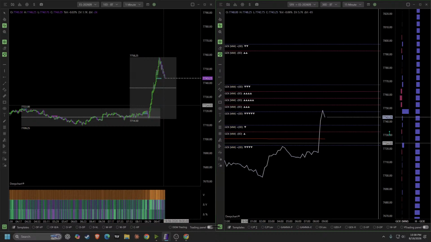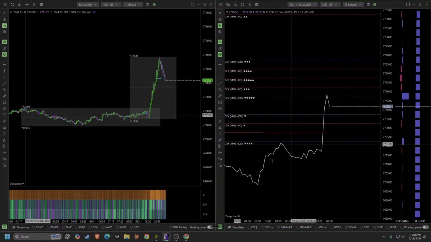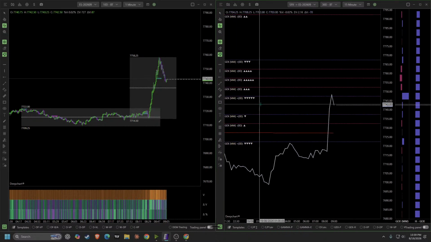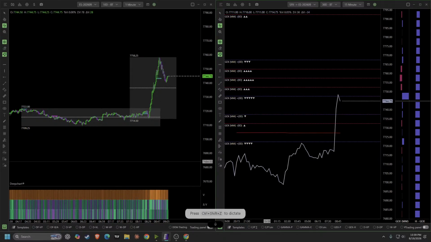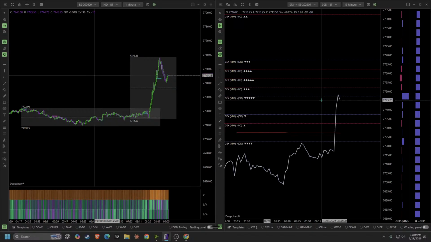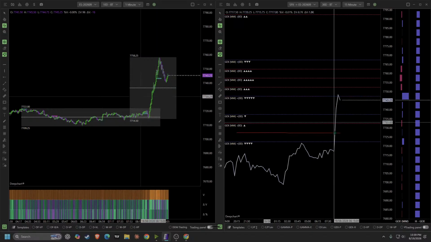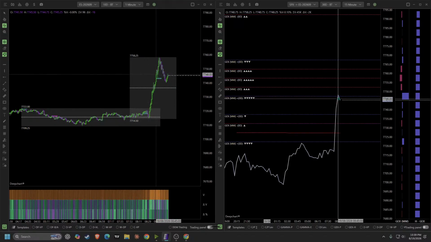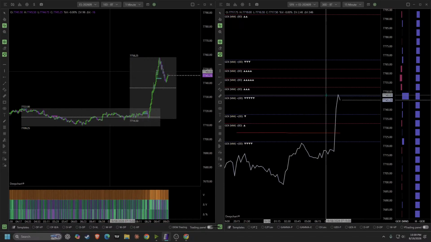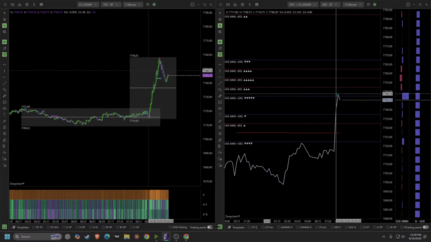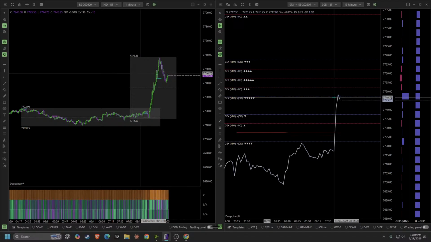So we rip up to this biggest market maker exposure level, pre-market, and price stopped. It acted as a break. So it went to the most important GEX level and price halted.